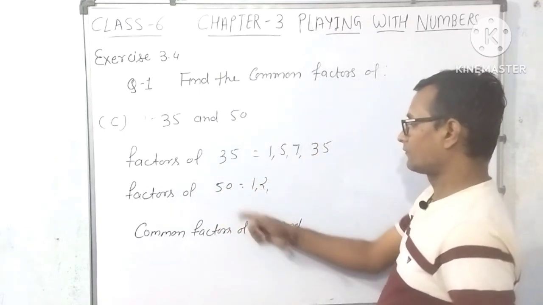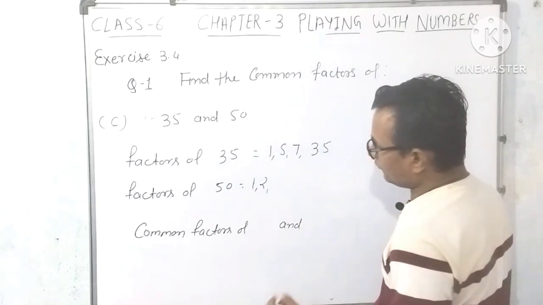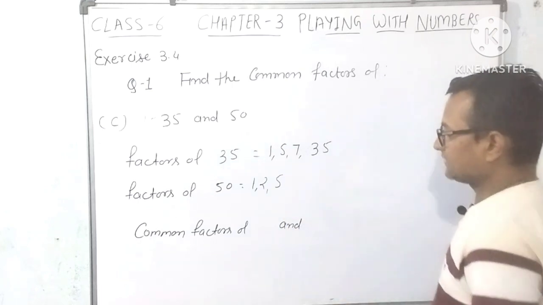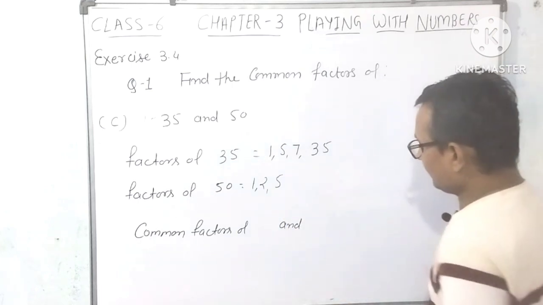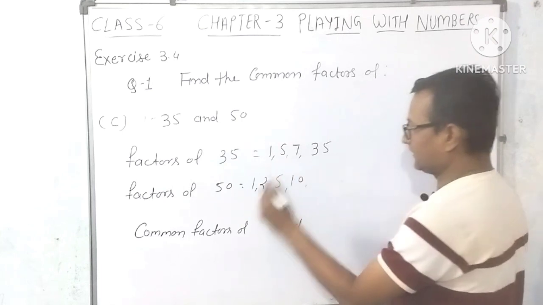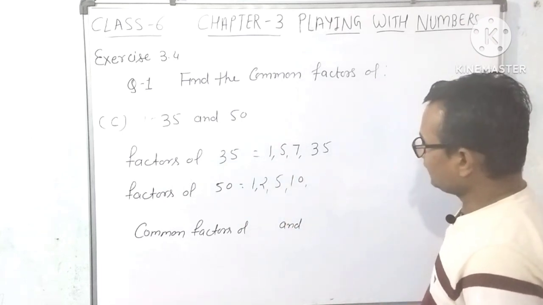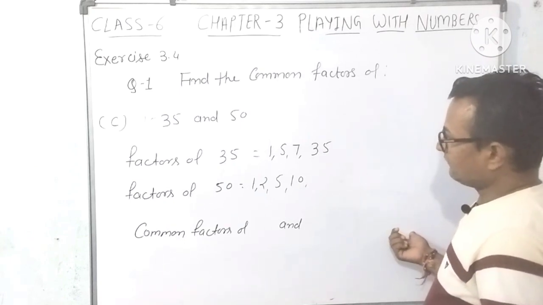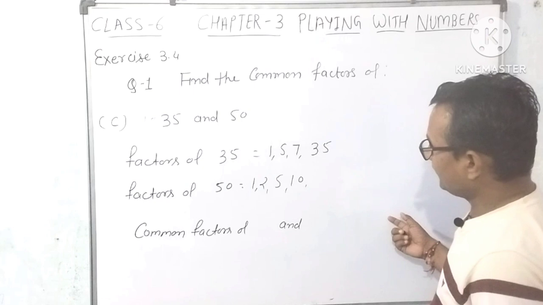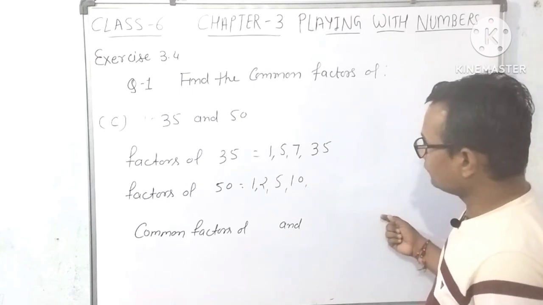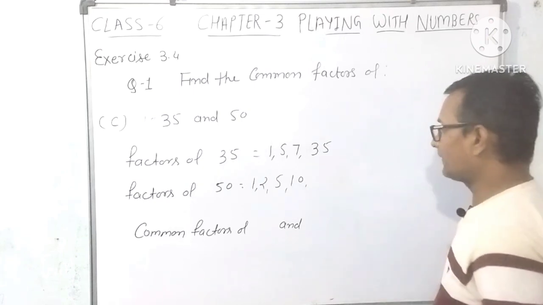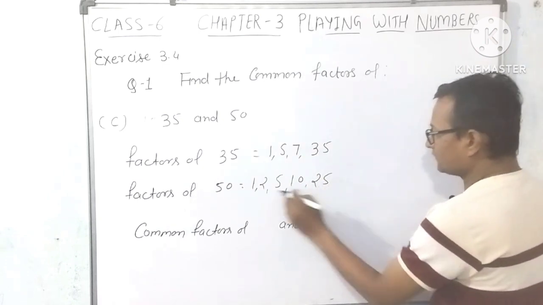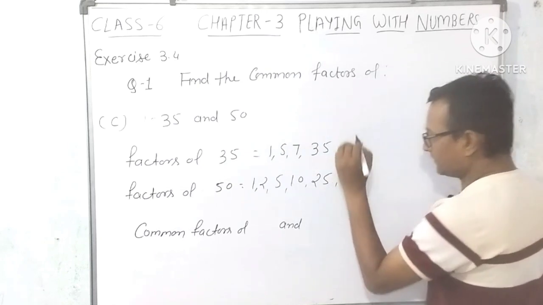And factors of 50, we can say 1, 2, 3 not possible, 4 not possible, 5, 6 not possible, 7, 8, 9, 10. 10 fives are 50. Then 11, 12, 13, 14, 15, 16, 17, 18, 19, 20, 21, 22, 23, 24, 25, 25 twos are 50, which means the last factor is 50.